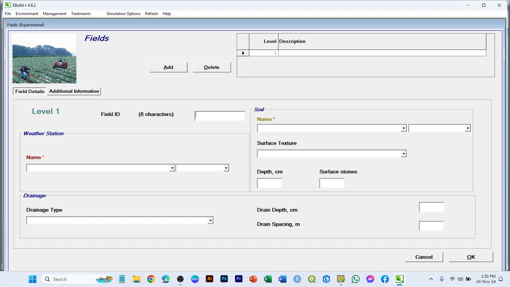For the rest, the weather file and the soil file, the specific parameters are already there, so you don't need any calculations. The weather data that you receive from the met service in their format automatically includes maximum temperature, minimum temperature, rainfall, and solar radiation.